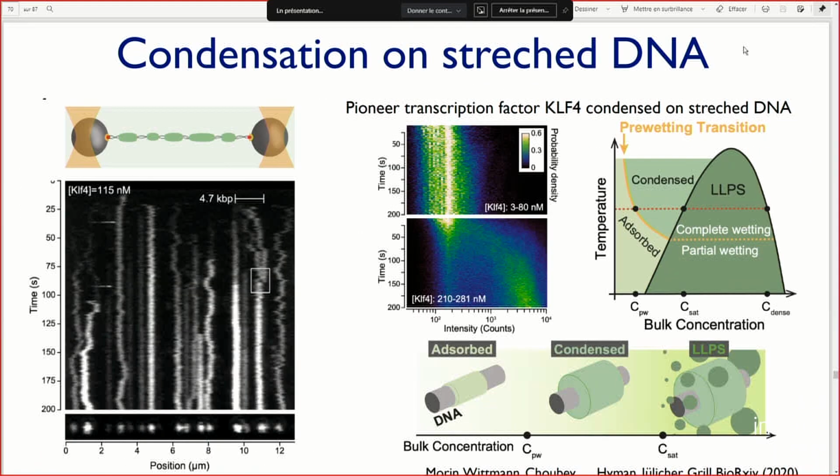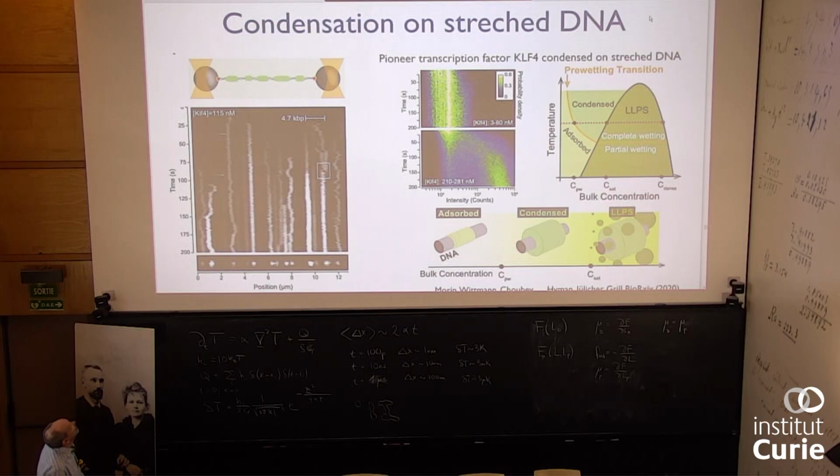Okay, so I think I have about 5 minutes left or so, but I will probably come to the end now. Maybe just finishing, in the group of Stefan Grill, a similar experiment was done with more stretched DNA, so that it was not able to co-condense with the transcription factor. So here the stretching is stronger between two optical tweezers.